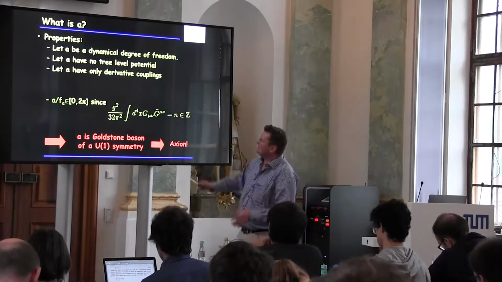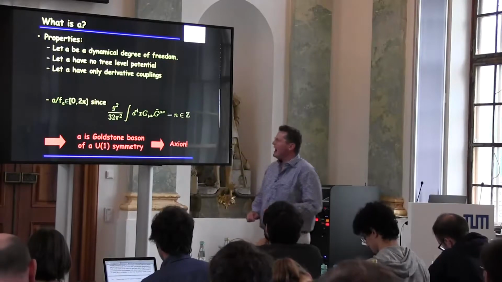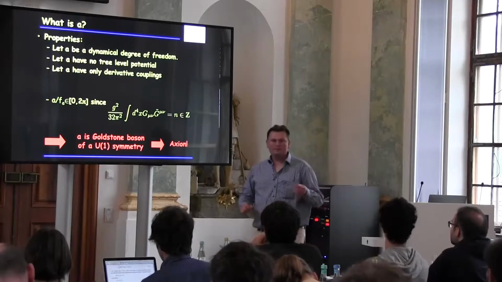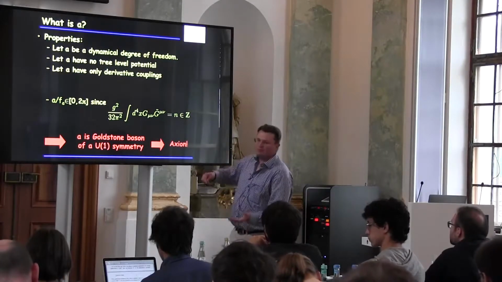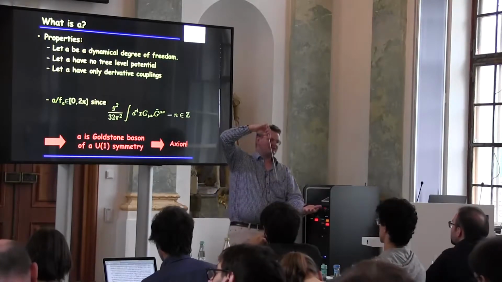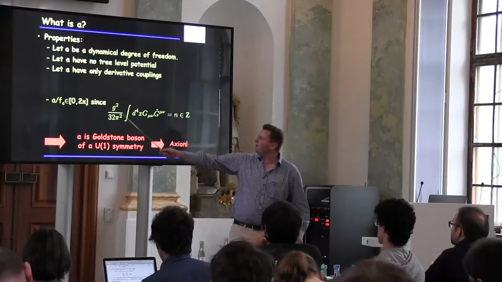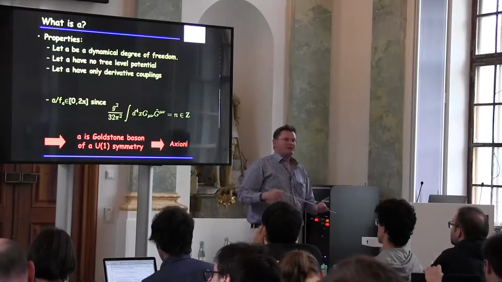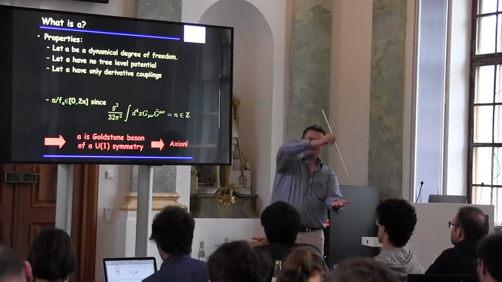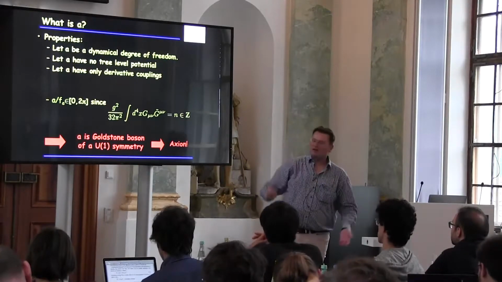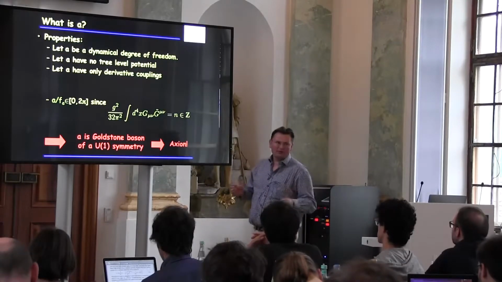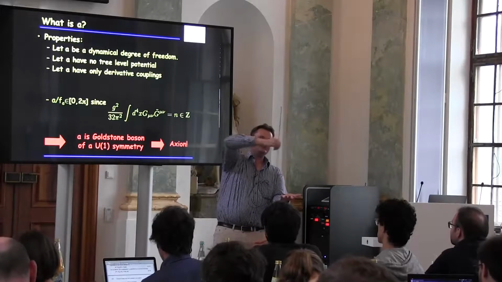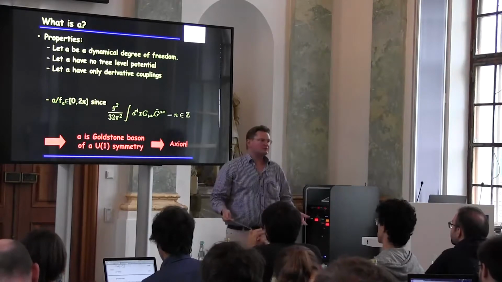These properties you have listed here are suggestive of a particular type of particle. What type of particle lives on a field range from 0 to 2 pi? You could imagine 0 to 2 pi is essentially a circle. The one particle that comes to mind that lives on a circle is a Goldstone boson.